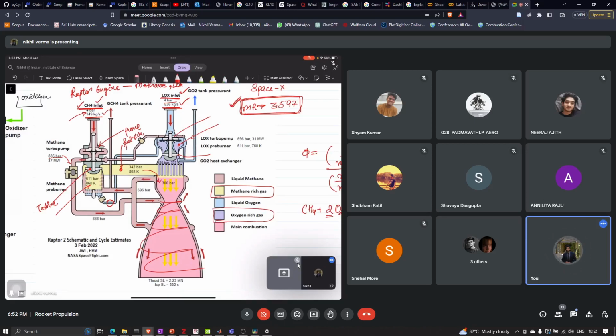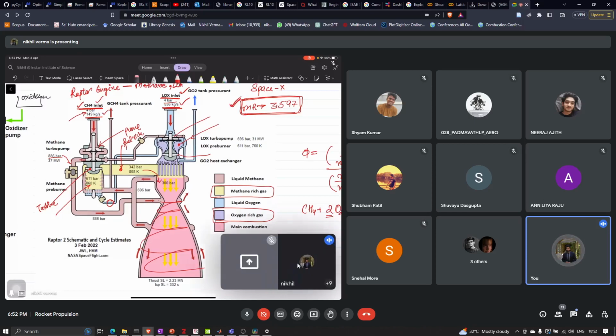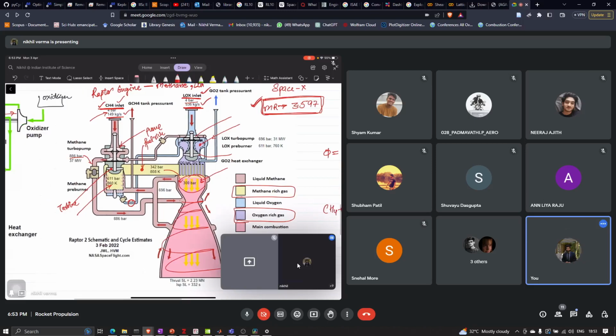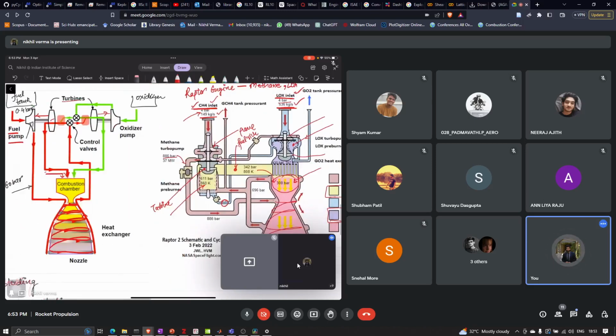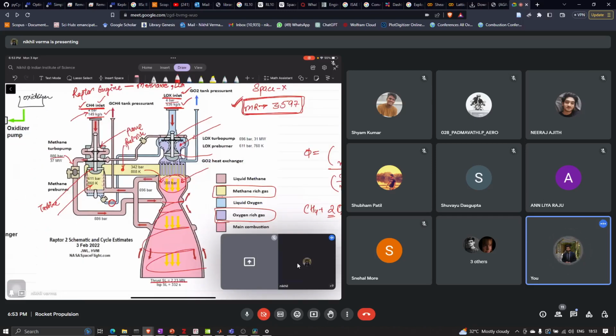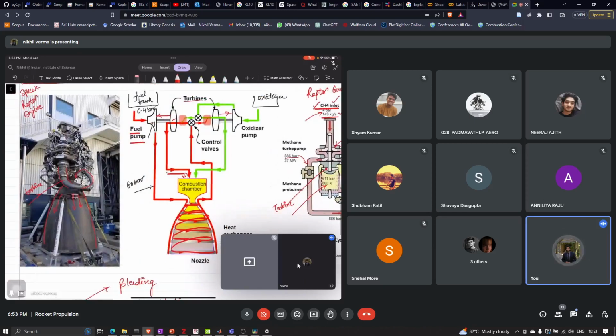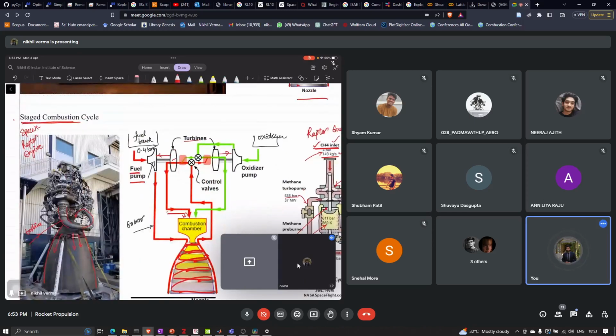So this methane-rich and oxygen-rich gas are fed into the combustion chamber where the combustion takes place at 300 bar. So this is how a staged combustion cycle looks like, and it gives a thrust value of 2.2 mega newton, and Isp at sea level is 332 seconds. So this is the staged combustion cycle.